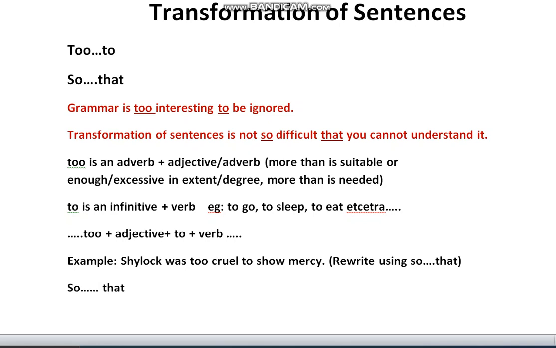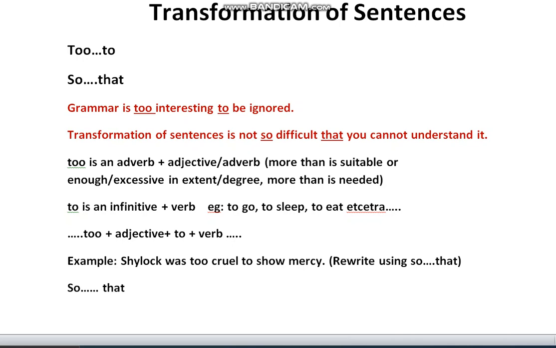We had studied a few structures yesterday and I had told you that you cannot separate the pair. If you are expected to use "no sooner than", you have to write "than" with "no sooner" and you have to write "when" with "hardly".